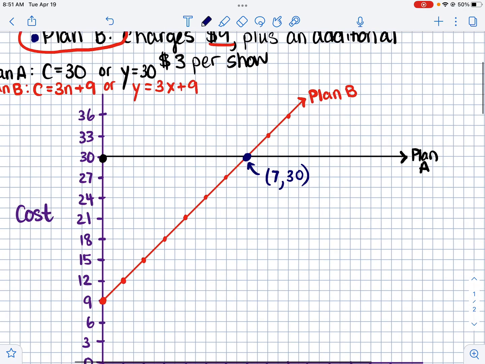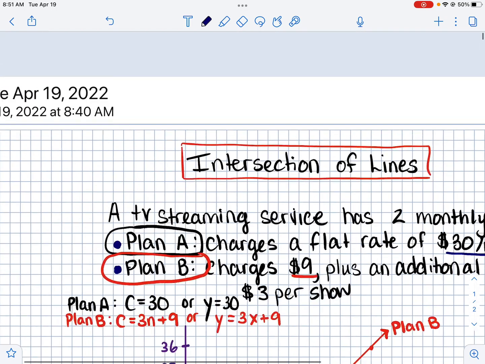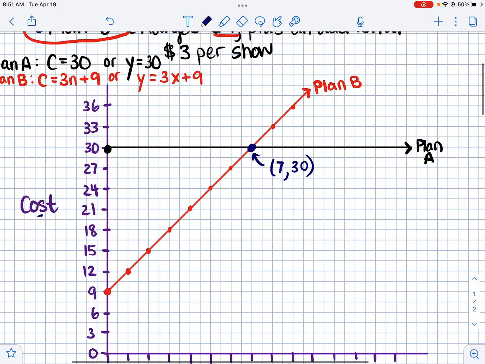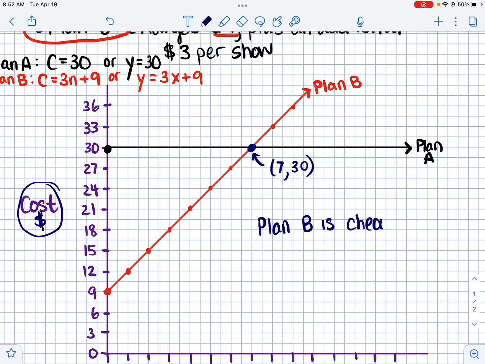Looking at my graph, I would say plan B is the cheaper plan when you watch less than 7 shows.